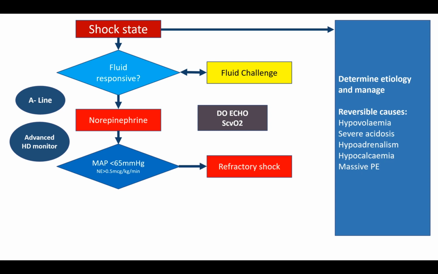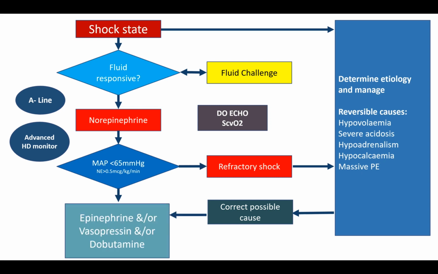And of course, if the patient does not respond despite norepinephrine is maximized, at that time you are dealing with a refractory shock, and you still continue to look for any correctable causes. And if the patient continues to be in shock, at that time you would add epinephrine and vasopressin.